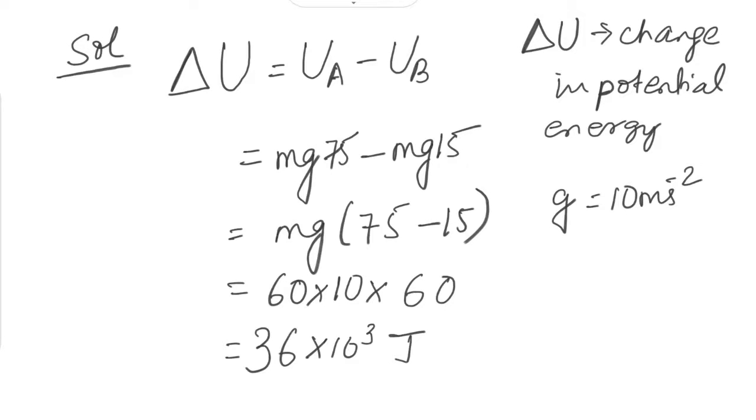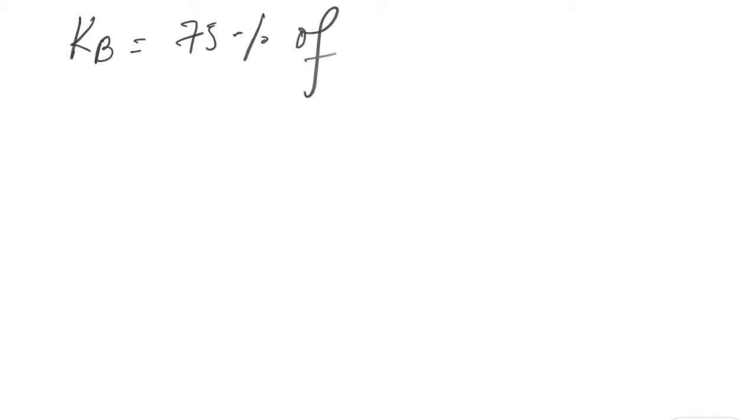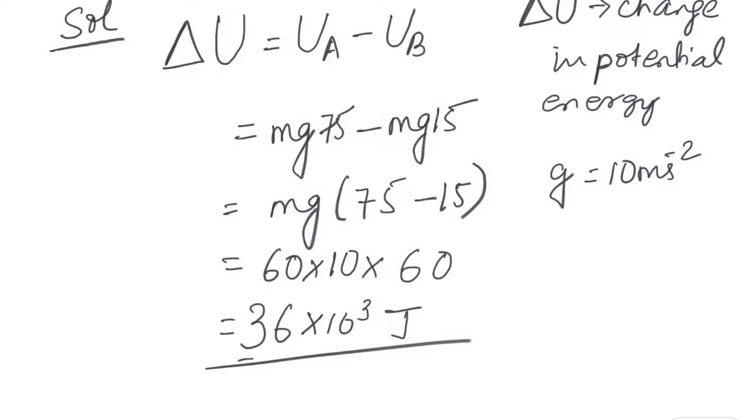Now let's move to the second part. It said that 75% of this energy becomes kinetic energy at B. So we will remember this quantity, 75% of this. Kinetic energy at B is 75% of my previous answer. My previous answer was 36 into 10 cube.